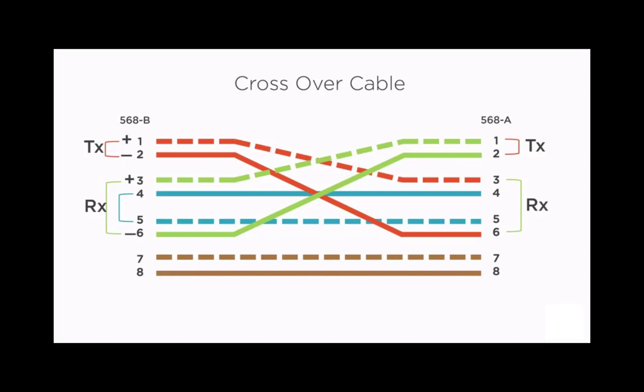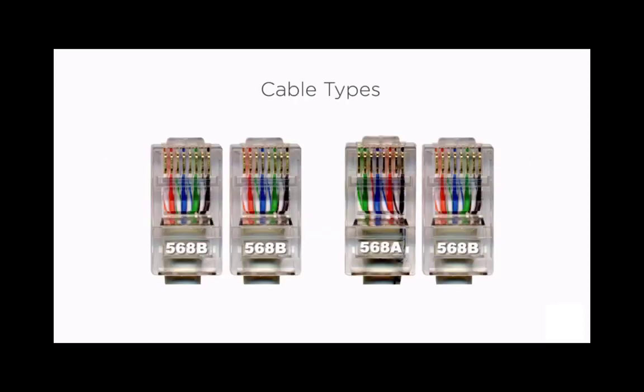So as you can see, 1 and 2 are joined to 3 and 6, and 1 and 2 on the other side are joined to 3 and 6. This is the pictorial representation of the cable types. On the left side is the straight cable, and on the right side we have the crossover cable.